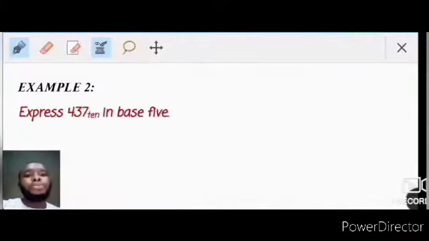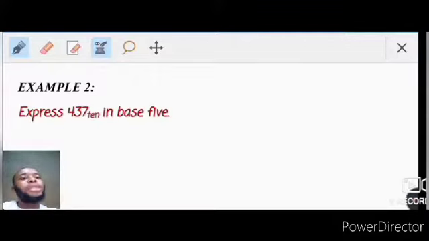Example 2: Express 437 base 10 in base 5.